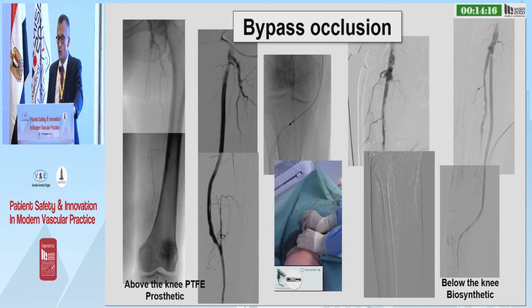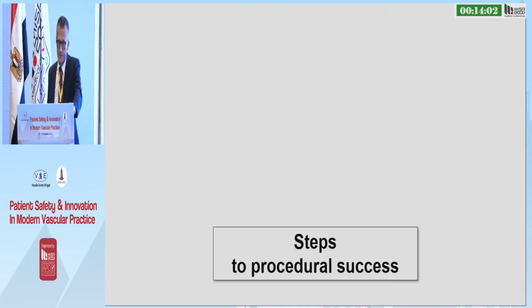Using this device, it is possible to treat every type of bypass, above or below the knee, prosthetic, biosynthetic, and vein bypass, like in these cases.